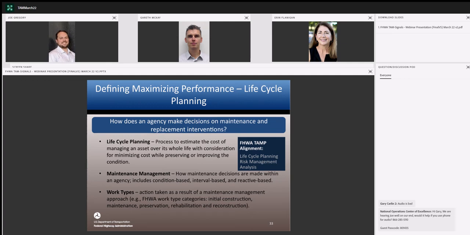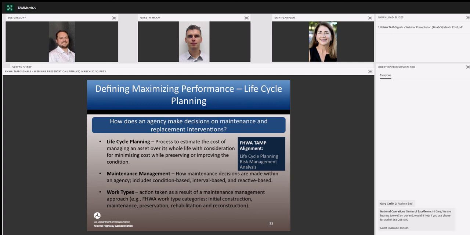There's three examples given here. The first one is condition-based, so understanding the condition of your assets and making a decision about when to go in and do something to those assets based on that condition knowledge. The second one is interval-based, so you may not understand the condition, but you know that every 5 years you're going to go in and do this, or you're going to replace these every 7 years.